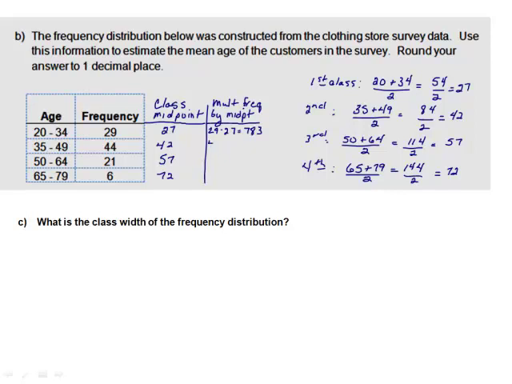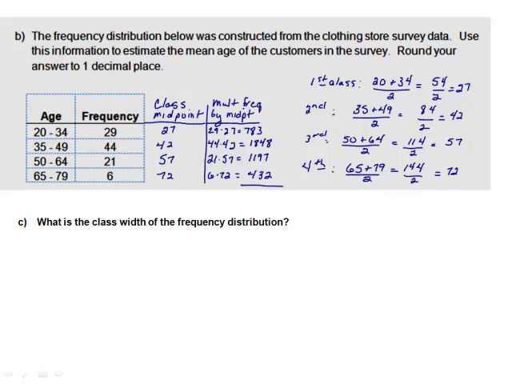That gives us 783. Next class, 44 times 42 gives us 1,848. Third class, 21 times 57 is 1197, and last of all, 6 times 72 for the last class gives us 432.